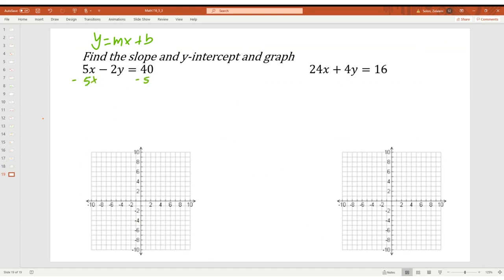This cancels out, so I have -2y equals -5x plus 20. Then divide both sides by -2.